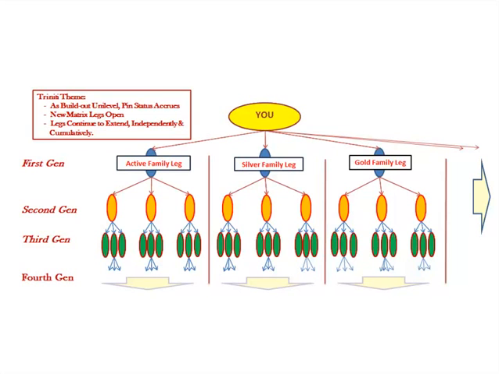Now, in the Trinity scheme, you progress from the active family leg to the silver family and then the gold. And eventually, the next two steps are platinum and rhodium. So there's multiple legs to your organization. Each leg is independent, and all legs are cumulative.